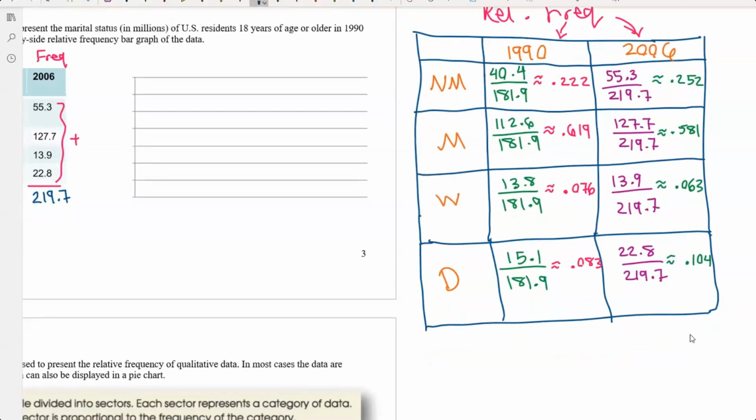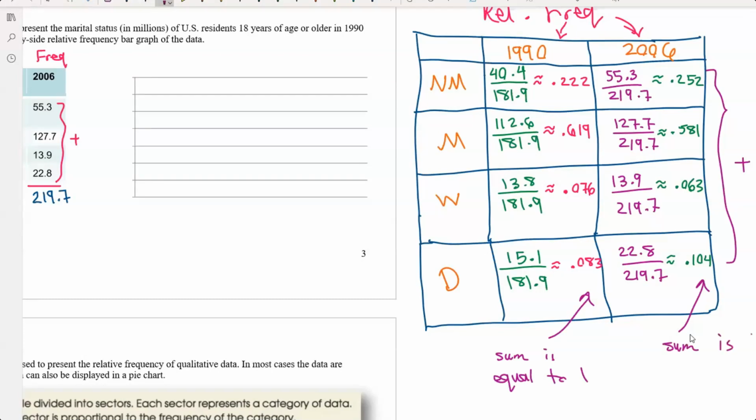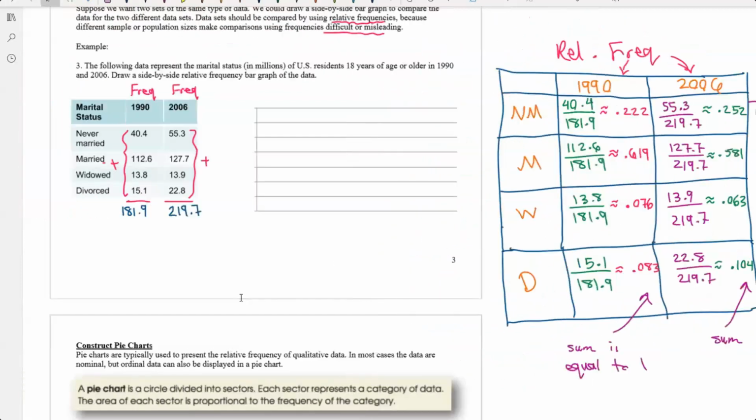Okay, once again, if you add all these numbers, that should be equal to 1. Yeah, this is exactly equal to 1. It's not close to that. So that is 1. Now we can graph this.